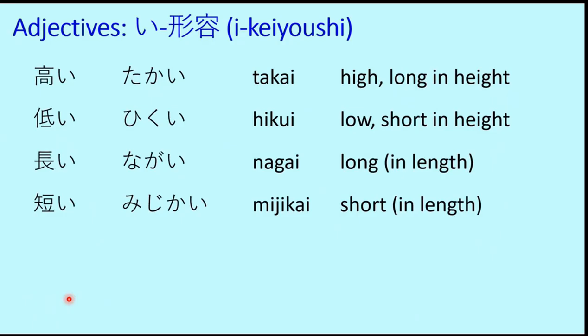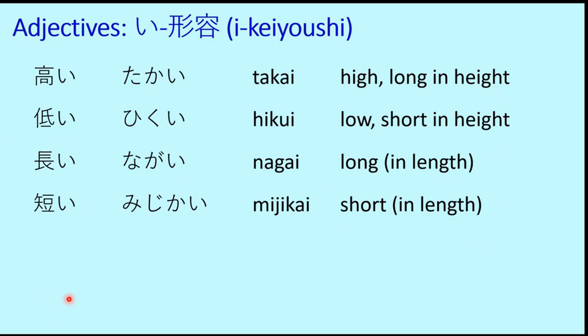So very, very important adjectives. Takai, Hikui forms a pair of high and low, and Nagai and Mijikai forms a pair of long and short in length. For Takai, we can use it to represent both the height of buildings, mountains, towers, and also the height of human beings. If I say I am tall, then that will be watashi wa takai desu.